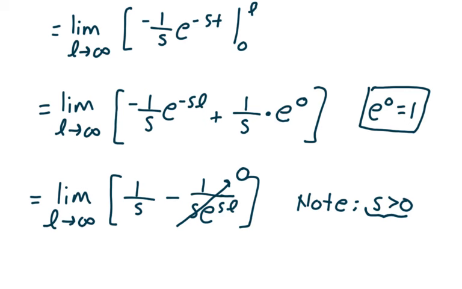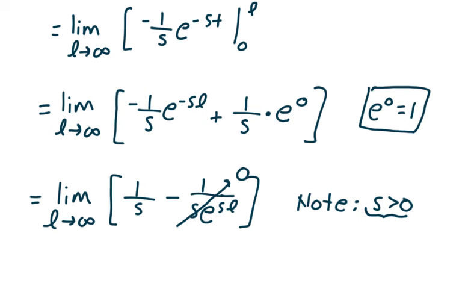If s is greater than 0, this second term, when L goes to infinity, 1 over s e to the sL will go to 0. When s is 0, it doesn't make any sense because we can't have division by 0. And when s is less than 0, as L gets big, that limit doesn't exist.